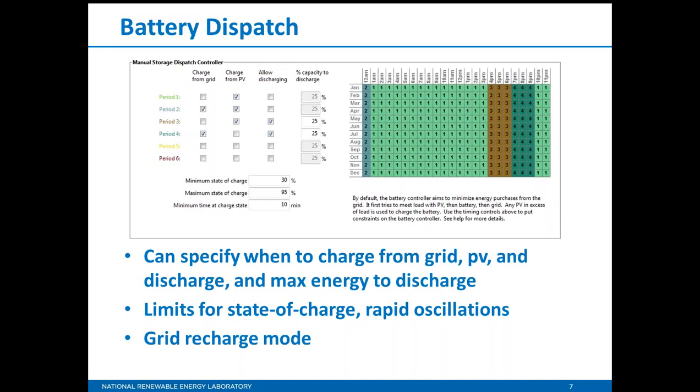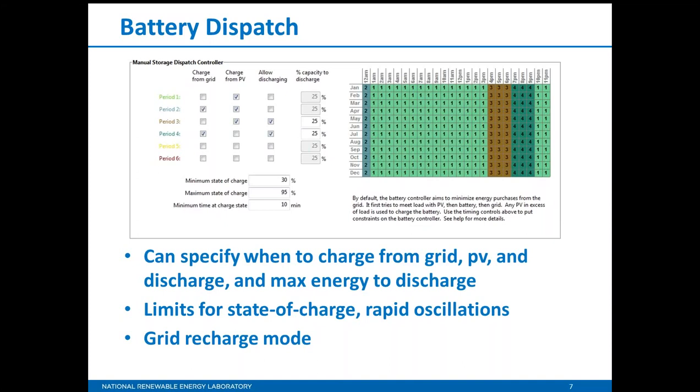And it's worth noting that this controller is not ideal for peak shaving applications and doing demand charge reduction. The reason is that demand charges are typically evaluated on a 15-minute basis, and this is an hourly dispatch controller, so there are some limitations there.